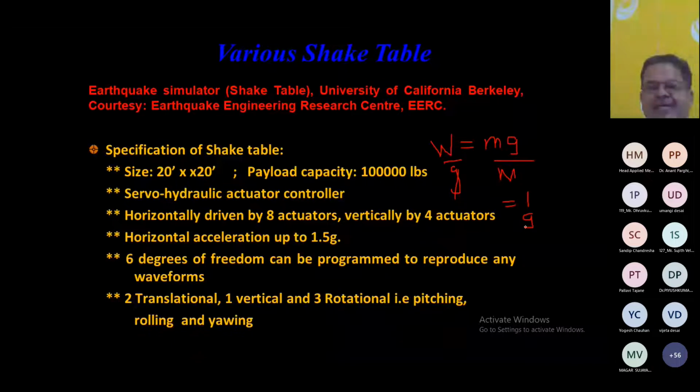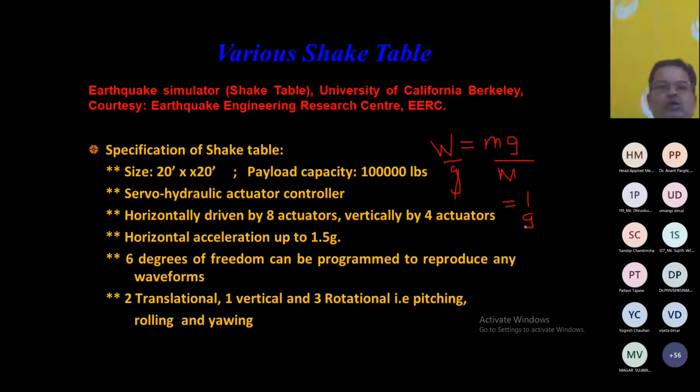Now this shake table is capable of giving 1.5 G to that type of load in the horizontal direction, right? That acceleration it can generate. It has 6 degrees of freedom, right? I told you that two translations mean horizontal directions, 1 vertical, and 3 rotations.